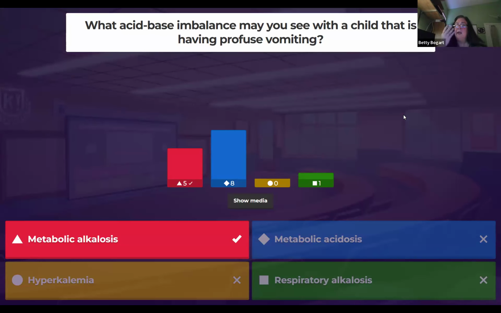So, your metabolic alkalosis, okay? Let me give you diarrhea. Diarrhea is all alkaline. All of the nutrients, the digestive enzymes are alkaline. So when you have diarrhea, you're losing alkaline. What is left? Acidosis. And then respiratory alkalosis will always be hyperventilating. Okay? Now you know all of them.